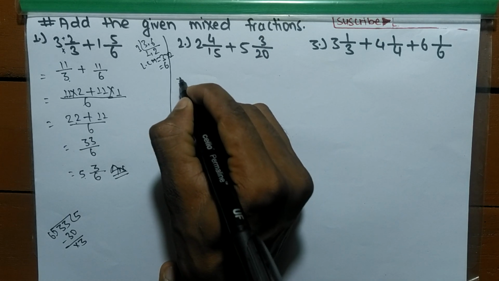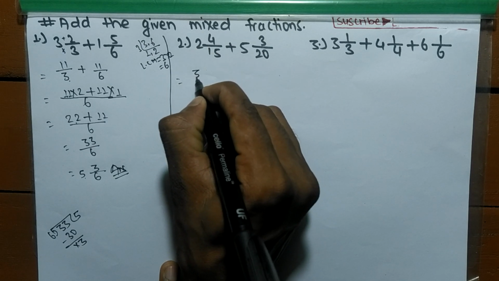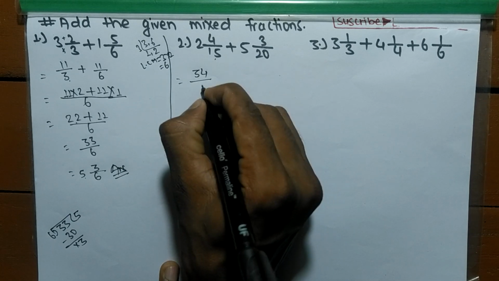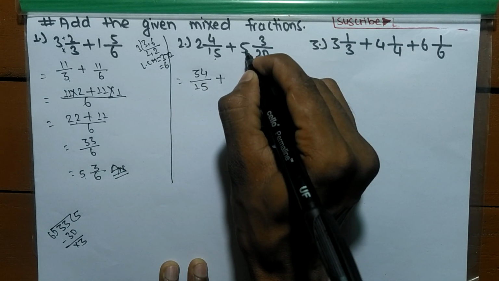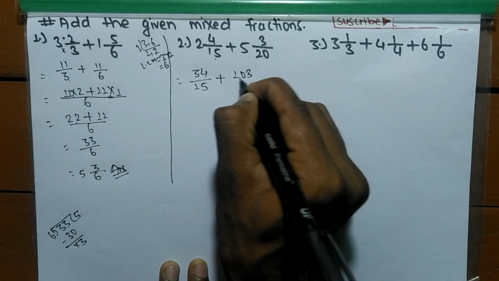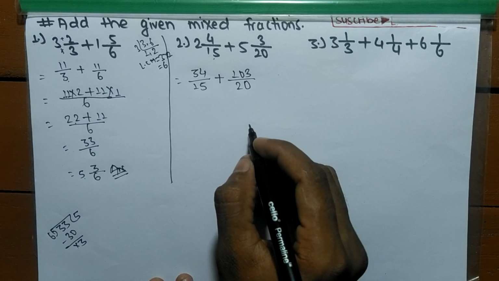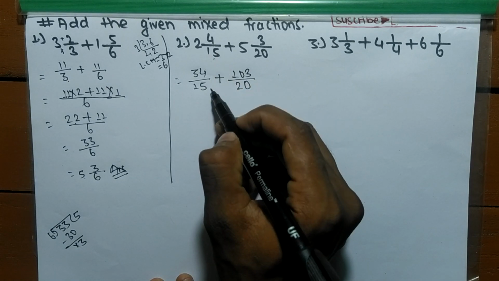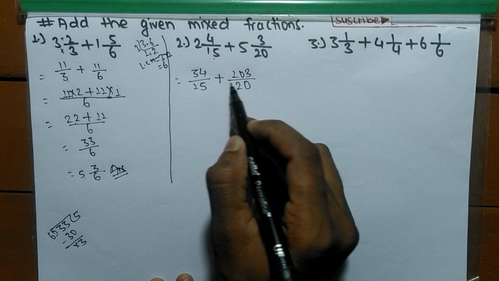So it is 15 times 2 means 30, 30 plus 4 means it is 34, by denominator is same, plus 20 times 5 means it is 100, 100 plus 3 means it is 103, by denominator 20. So now we have converted the mixed fractions into improper fractions and now we have to add these both fractions.